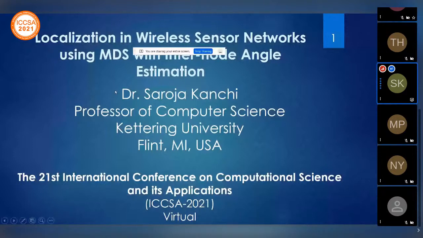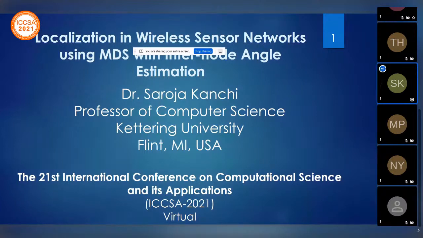Thank you for waiting. I am Saroja Kanchi, and I'm at Kettering University in Flint, Michigan, in the US. It's about 3 a.m. now, and I'll be talking about localization of wireless sensor networks using MDS, which is multidimensional scaling, with internode angle estimation.